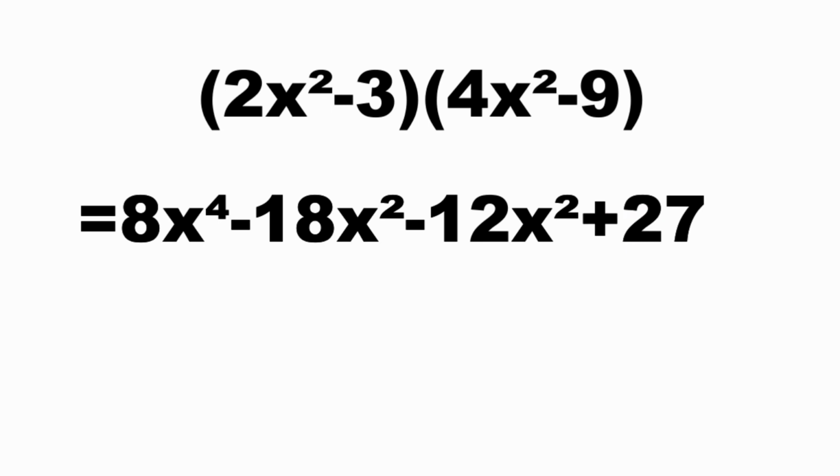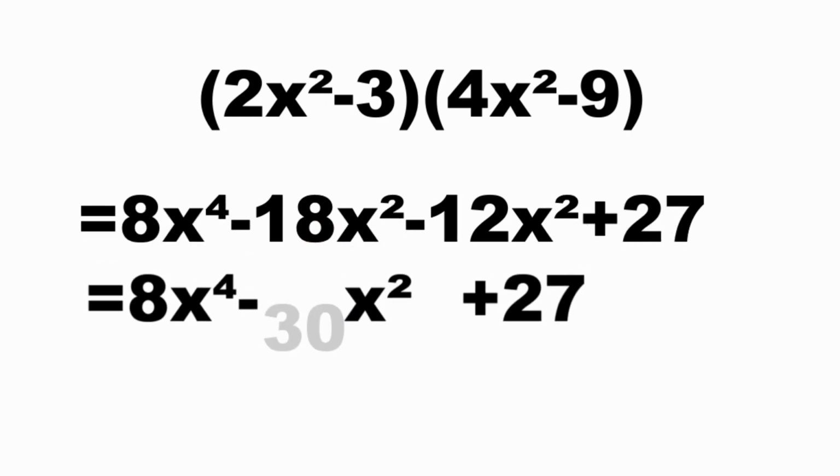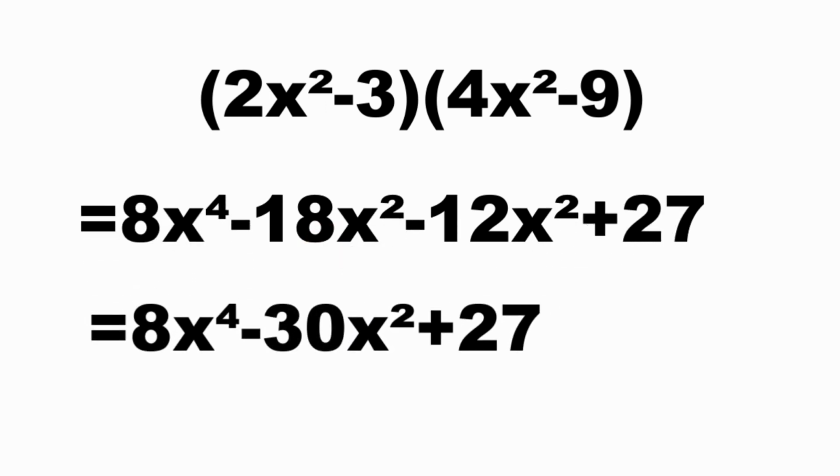So we can combine the middle terms. Adding, this becomes negative 30x squared. So the final answer is 8x to the fourth minus 30x squared plus 27.